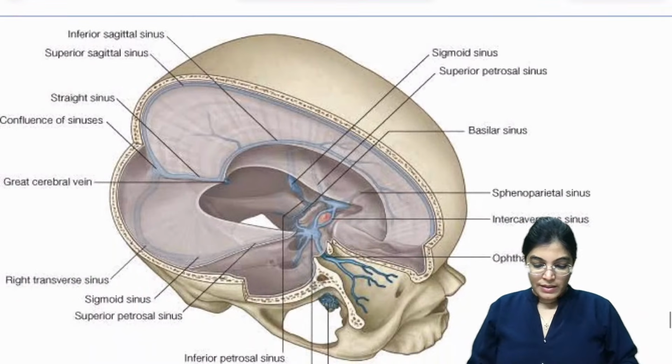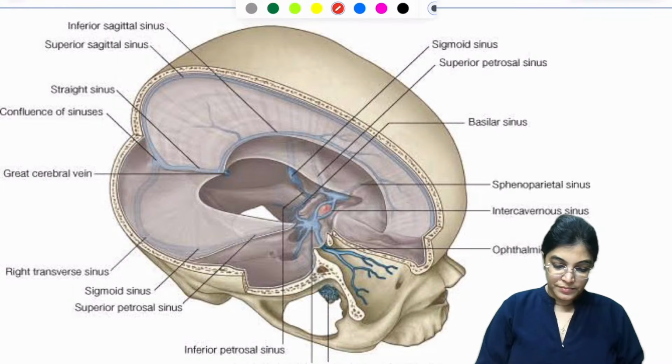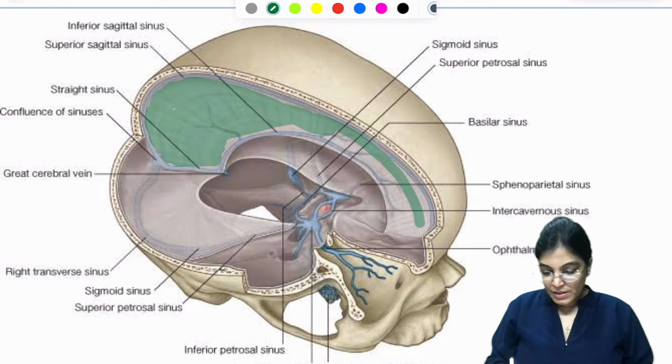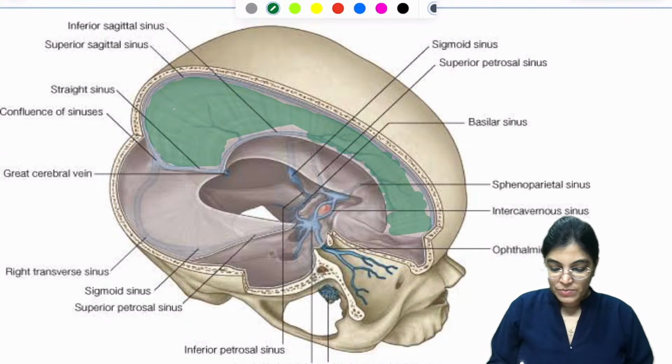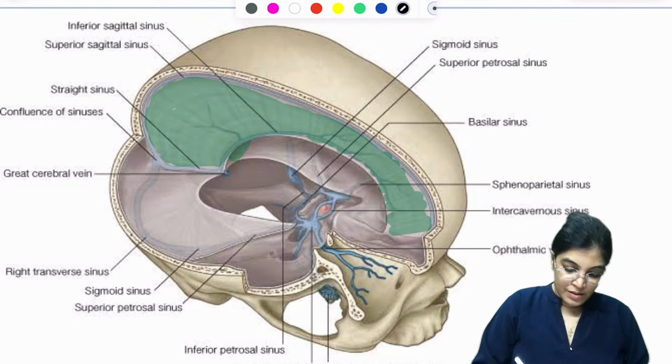So see here, in this diagram, you can see this is the falx cerebri. This sickle-shaped fold of dura mater, which separates the right and left cerebral hemispheres, is the falx cerebri.